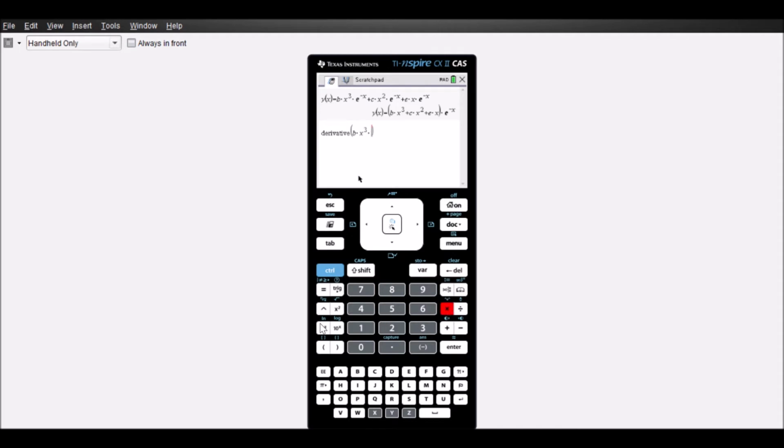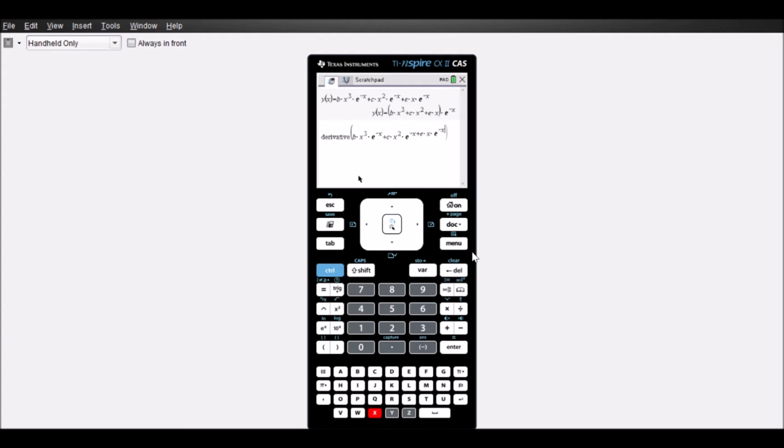And then times e to the minus x. Then we had plus c times x squared times e to the minus x. Then we had plus e times x times e to the minus x.